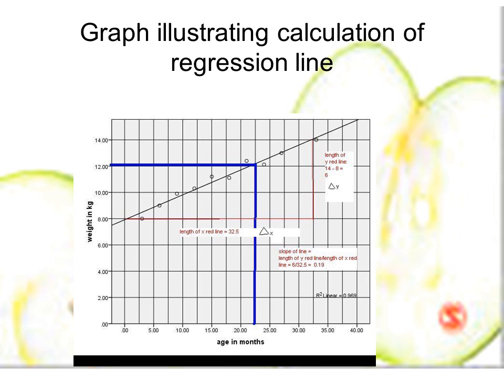So we take that 6 that we already calculated from the y-axis and we divide it into 32.5, which gives us a number of 0.19, and that is the number that we use in our calculation, which we'll see on the next slide.